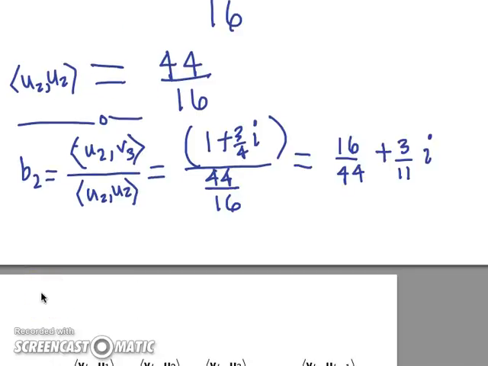After doing some simplification, we find that B2 equals 16 over 44 plus 3 over 11 times i.